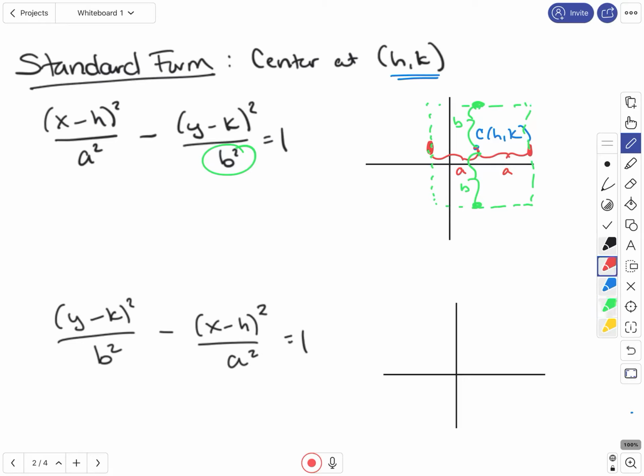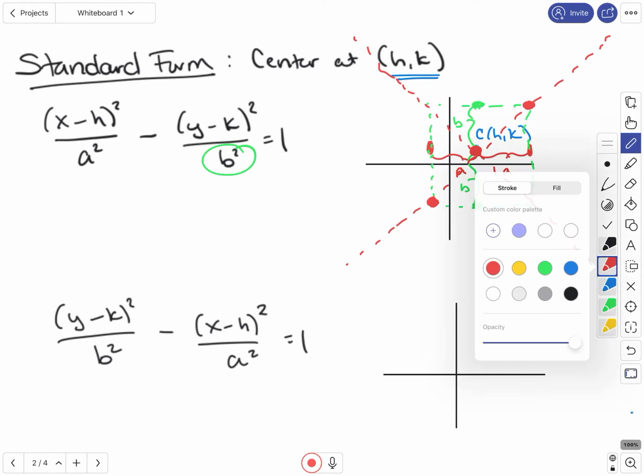Through that box, I'm going to draw my dashed asymptote. The asymptote goes through the center, and it goes through the bottom left corner and the top right corner of the box. And I'm going to do the same thing through the other two corners.